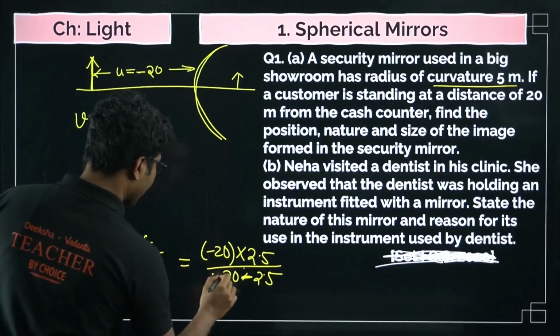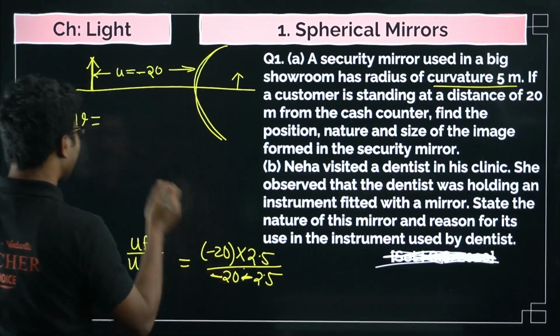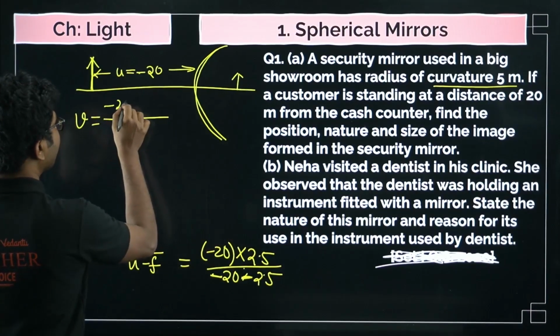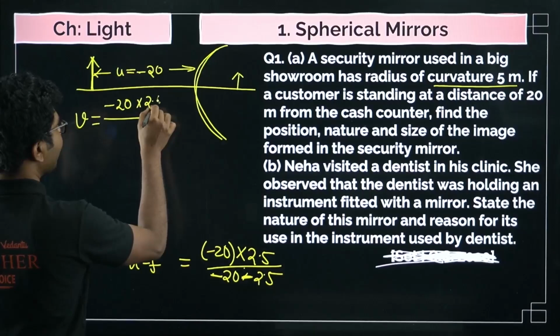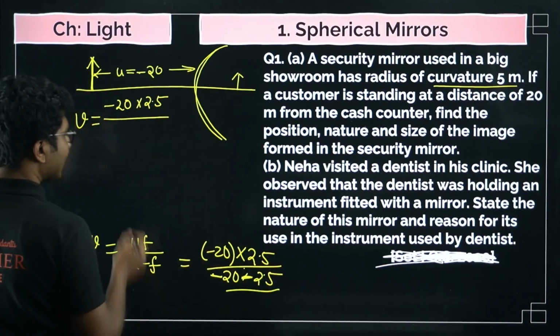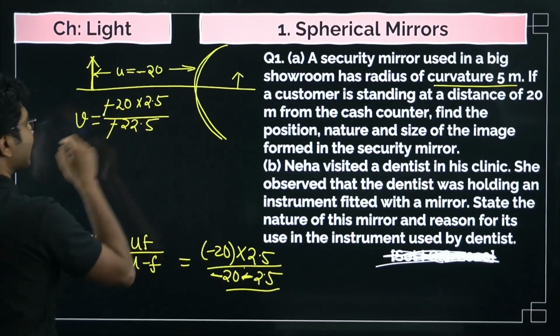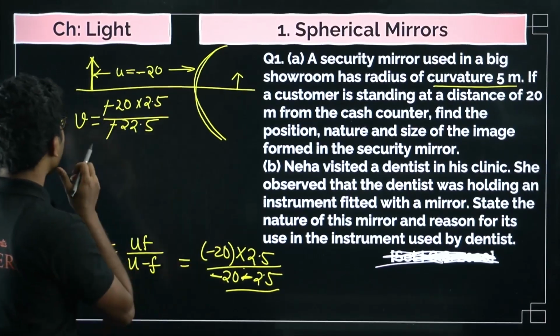One more thing, u was minus, so here another minus will be here. Definitely v will be positive here. So minus 20 into 2.5 divided by minus 22.5. So this minus cancels, and then you can calculate the values.